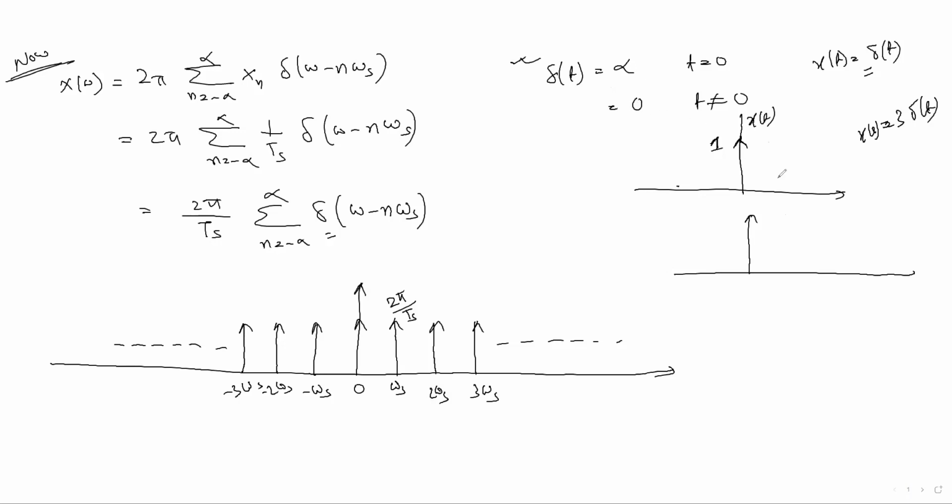But if you are plotting, then x of t you can write thrice at 0 t, because here this thrice does not mean the amplitude of the impulse signal. It means that the area of the impulse signal is 3. Understand?